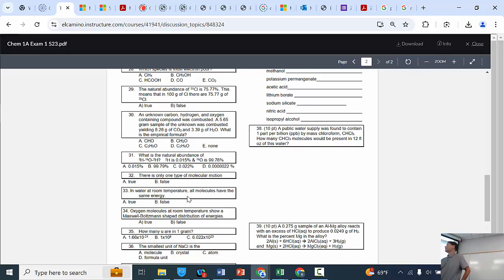If you can't get the answer, then do process of elimination. Try to eliminate the ones that obviously don't fit, and normally there are those. Then you would just take your best educated guess.